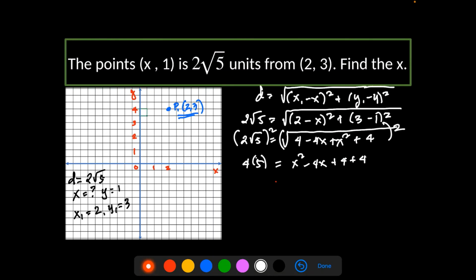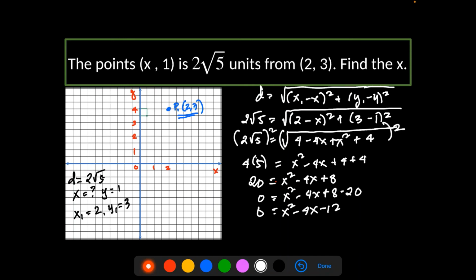Okay, 4 times 5 is 20, so this will be 20 equals x squared minus 4x plus 8, and so this will give us 0 equals x squared minus 4x plus 8 minus 20. 8 minus 20 is negative 12, so this will be 0 equals x squared minus 4x minus 12.